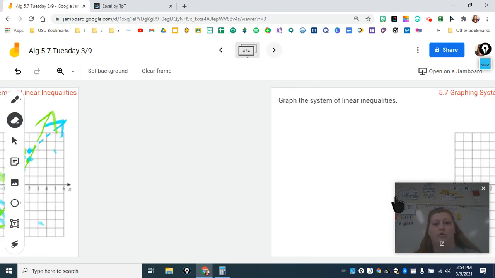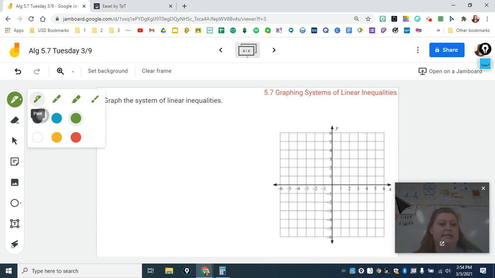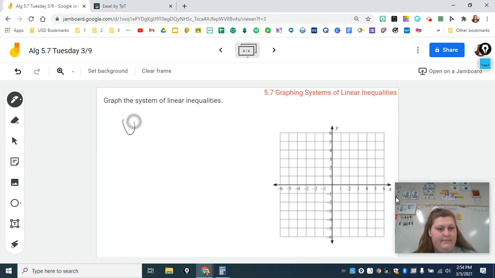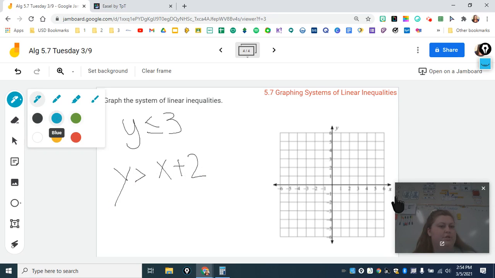So I'm going to do one more example and then set you loose on your homework. So my next example is y is less than or equal to 3 and y is less than x plus 2. So I'm going to do the first one in blue and the second one in green again just to differentiate them.